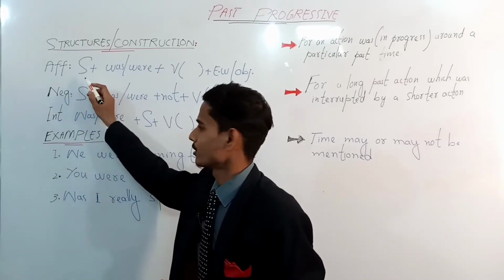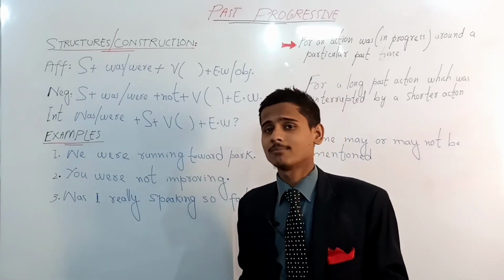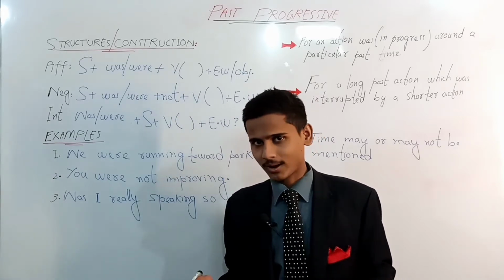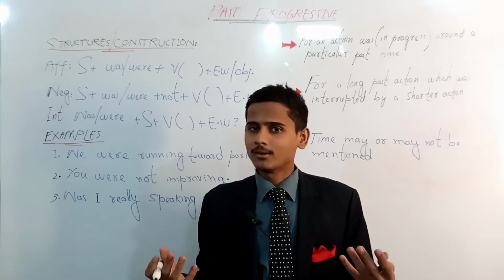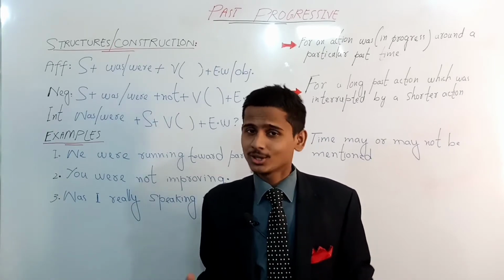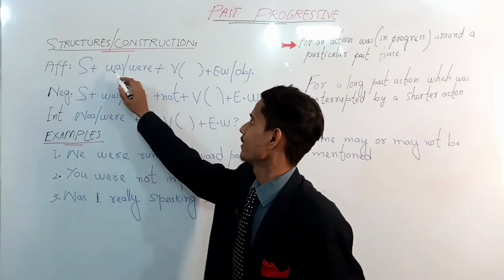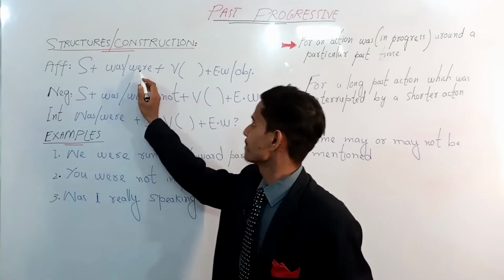Like usual, you first put the subject, then, since this is the past continuous or past progressive tense, which is used to talk about past ongoing action, we use the past helping verb, which is was, or you may even use were, according to the subject.